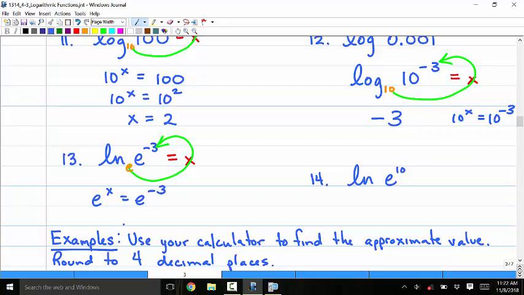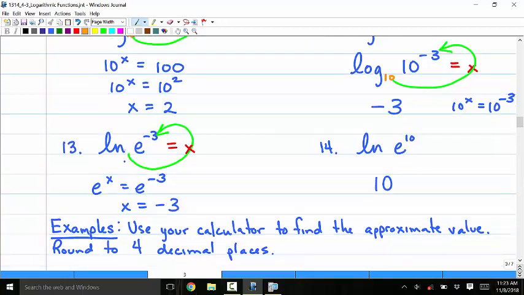So what is x? -3. Number 14, ln of e to the 10. Give me an answer. 10. Because ln is base e, and log base e of e to the 10 is just 10. Do you see a property coming up there? Yeah, we're going to talk about it in a second.